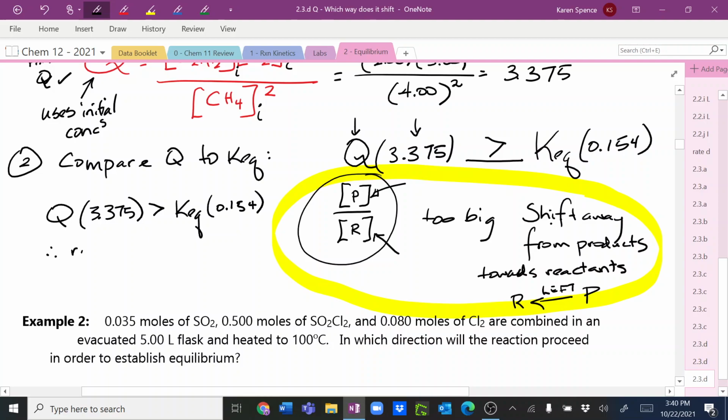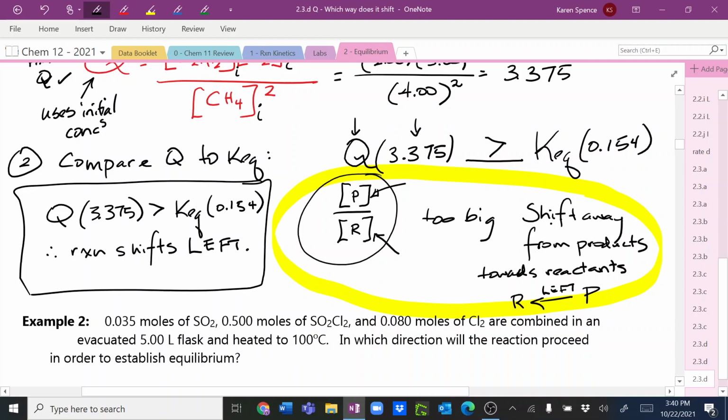Therefore, the reaction shifts left. But like I said, I would find that leap of logic a little fast for me and my slow thinking little brain. So I like to write down all the other stuff. It just kind of keeps my head going where it needs to. Okay, and I would box that as my final answer.